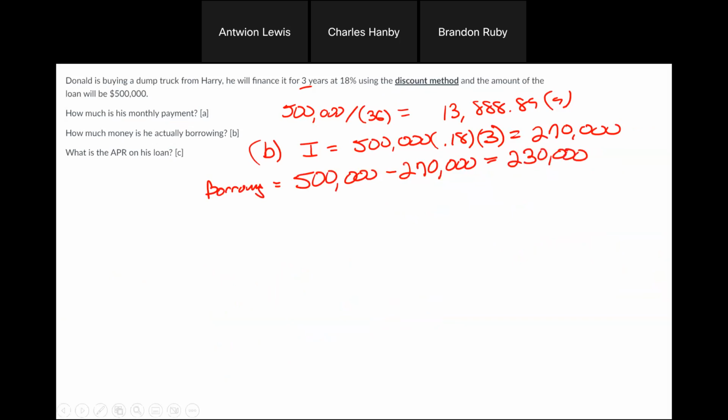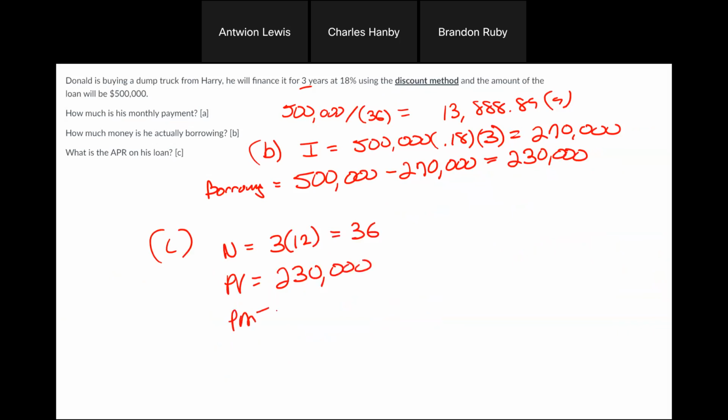So C, to calculate the APR, so that's 3 times 12 is 36. The PV is the 230,000. That's the true loan amount.